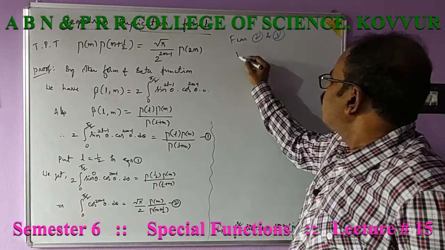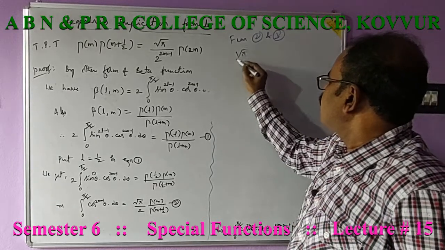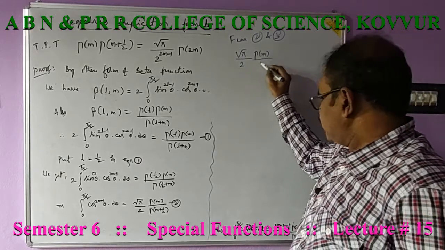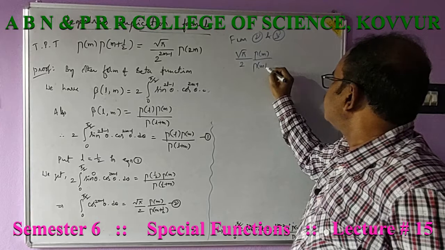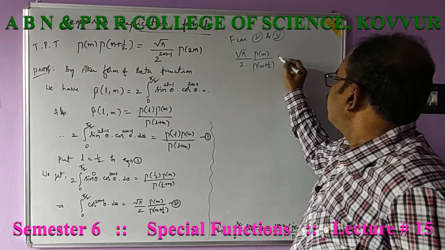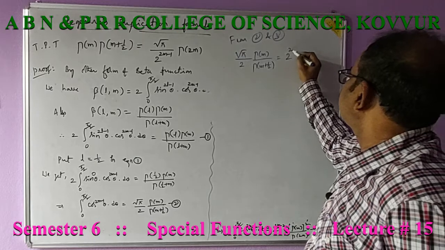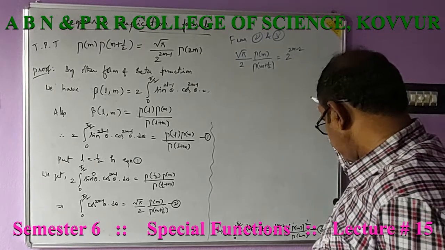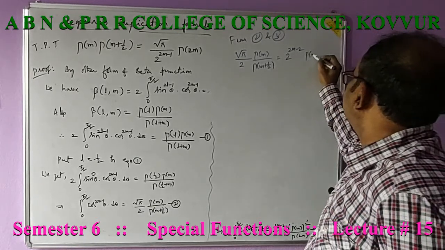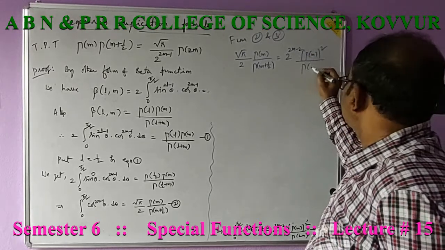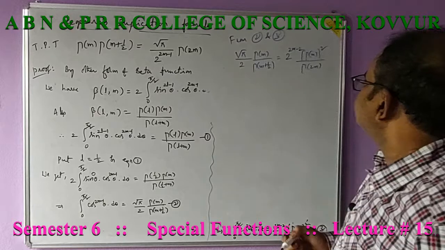is, in equation 1 you have root pi by 2 gamma m by gamma m plus 1 by 2, and in equation 3 the right hand side is 2 to the power of 2m minus 2 gamma m whole square by gamma 2m, right?